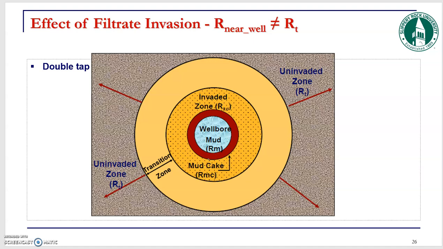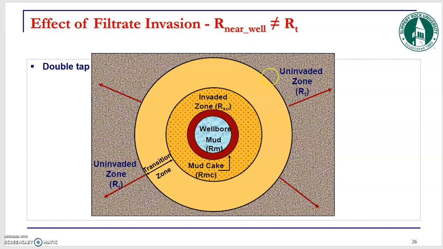And then after that we have a layer of invaded zone, depending on if you use the oil-based mud or you use the water-based mud. This layer could be shallow or deep, and we call this invaded zone resistivity RXO.